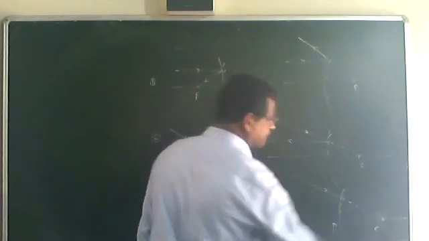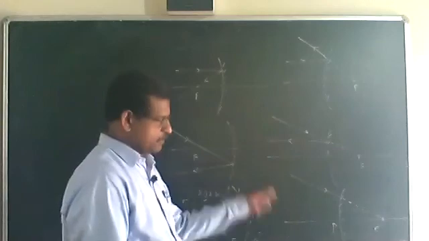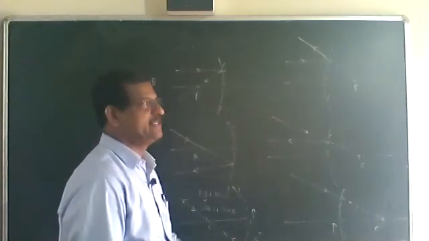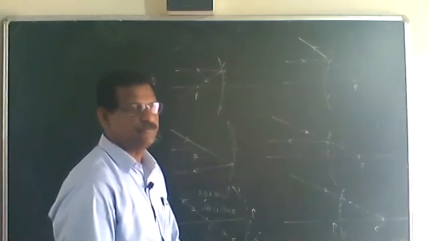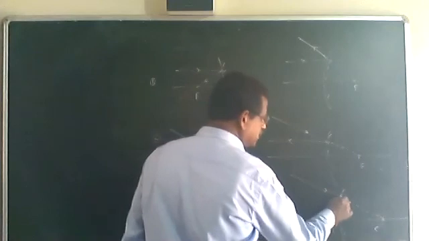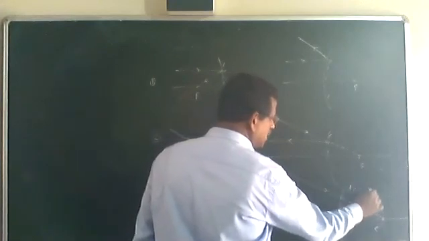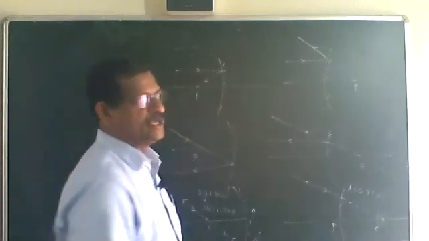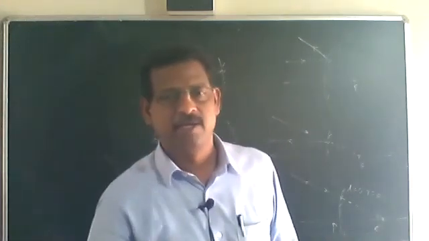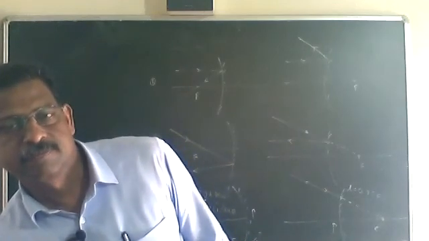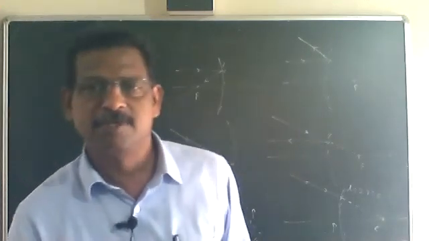The ray tends to reach the point C. After reflection, it is a normal incidence at this point. I is equal to 0, R is equal to 0. Therefore, the ray will be retraced, reflected back. It's a normal incidence.